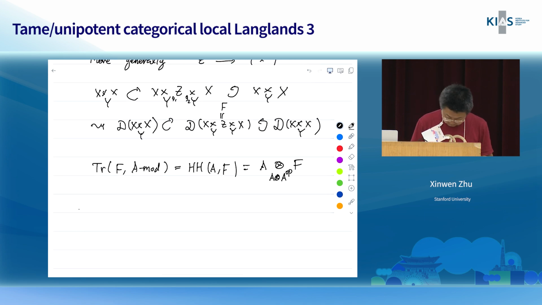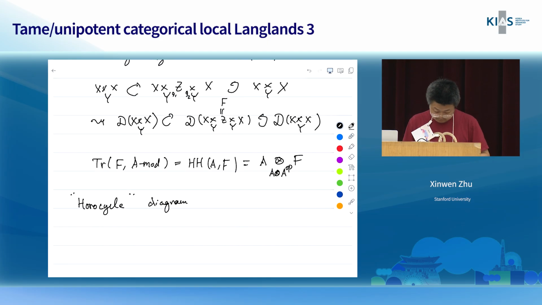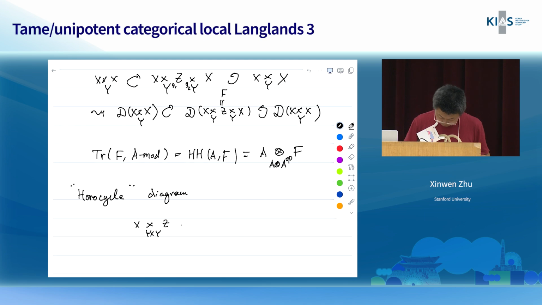So then the crucial thing, all the business, is this so-called horizontal diagram. It is this following correspondence. I will consider the following thing. Consider X times Z over Y times Y. Let me just write it down.